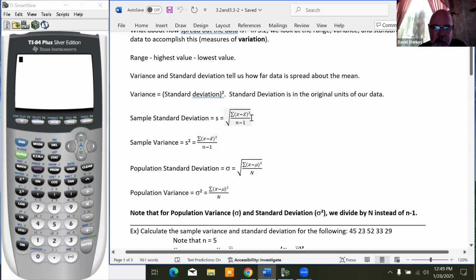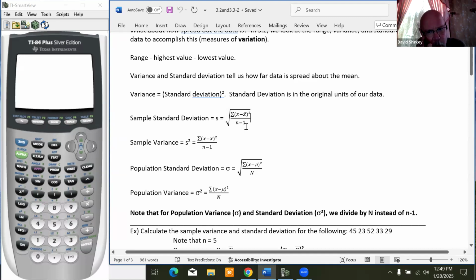Formulas here: sample standard deviation, represented by a lowercase s, is the square root of, in parentheses, look at the numerator, your x value, your data value, minus the mean of those values, in parentheses squared, divided by sample size, which for samples is a lowercase n, minus 1.